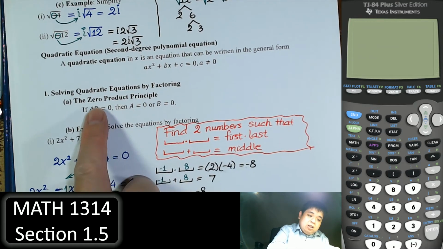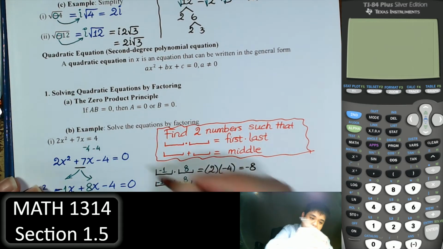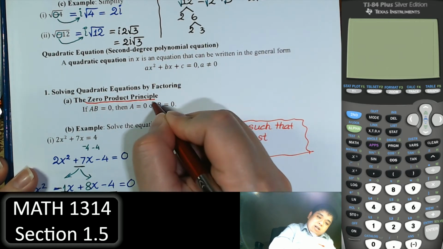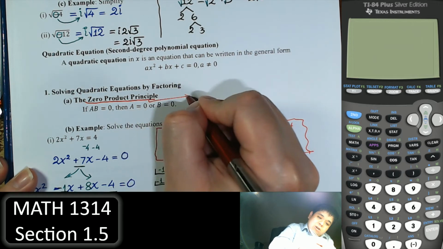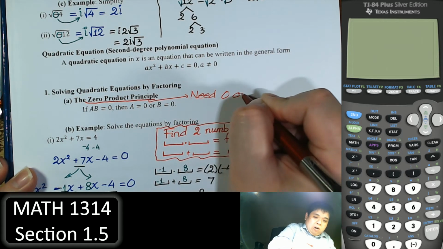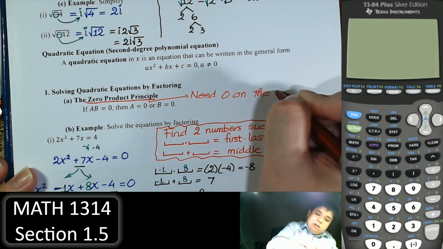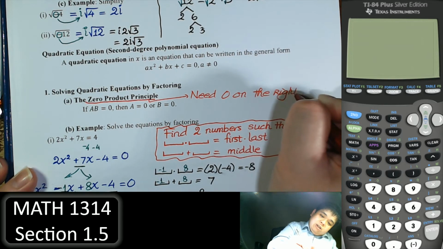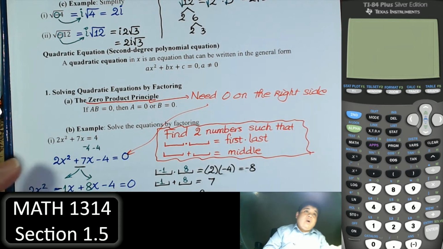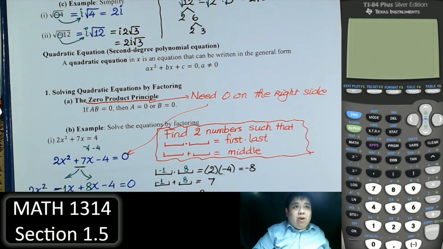For this zero product principle, what we need is 0 on the right hand side. So that's why we get 0 on that side.